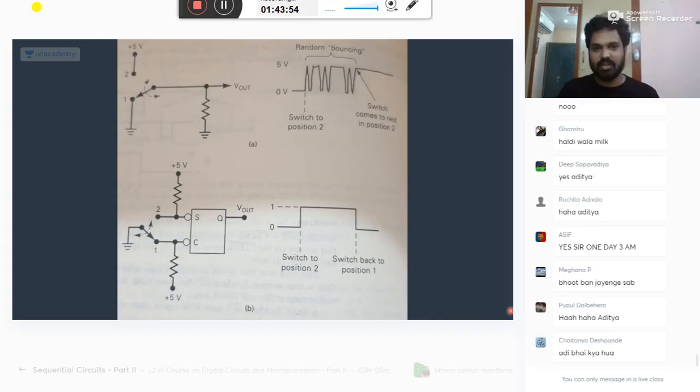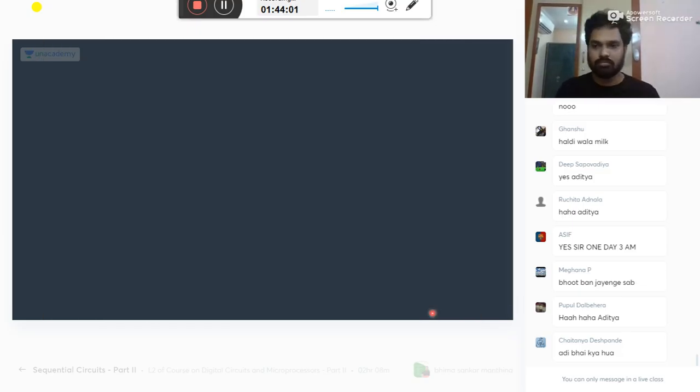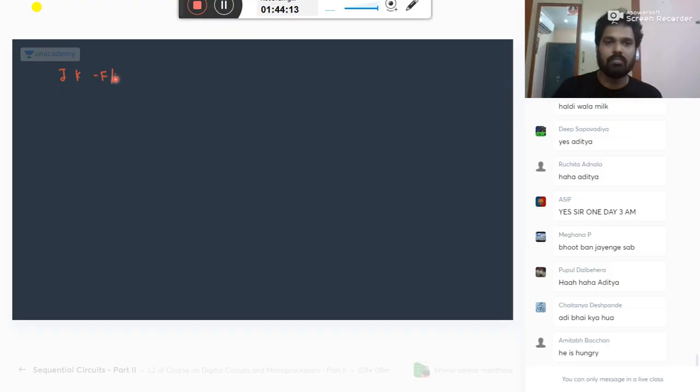So, right. Today's last concept. In JK flip-flop, when J equal to 1, K equal to 1, clock equal to 1, what is Qn plus 1? Toggle, Qn bar. Yes or no?